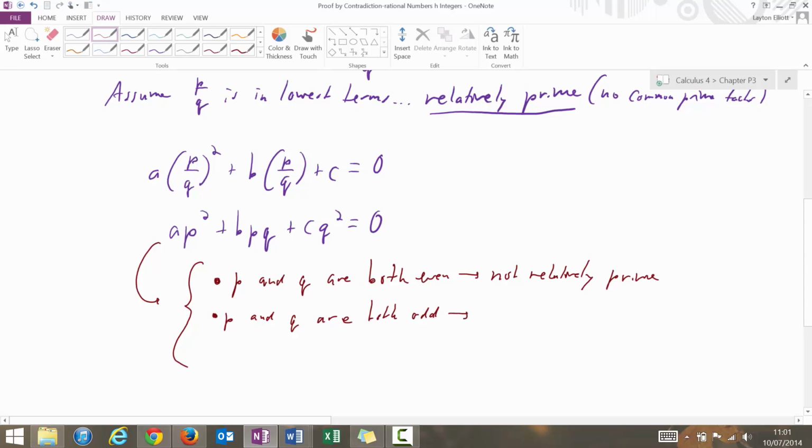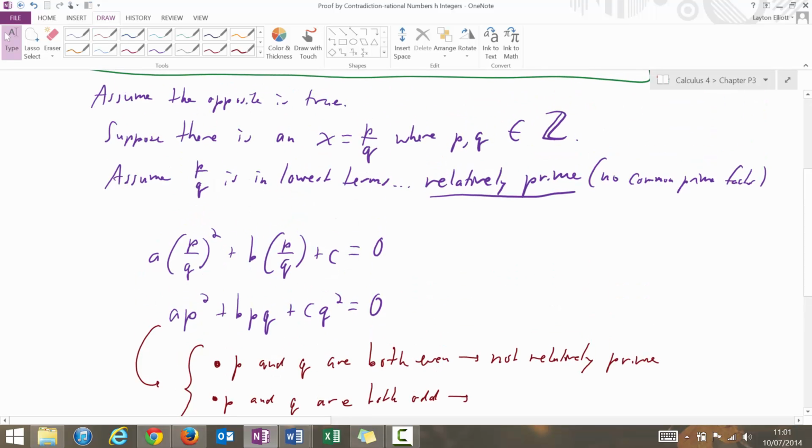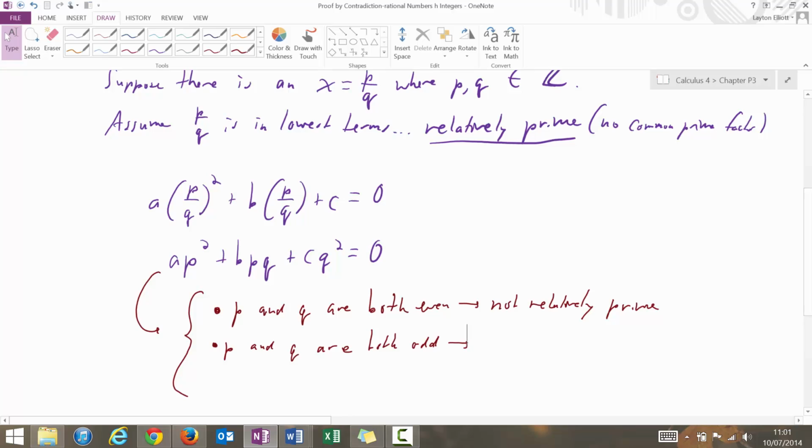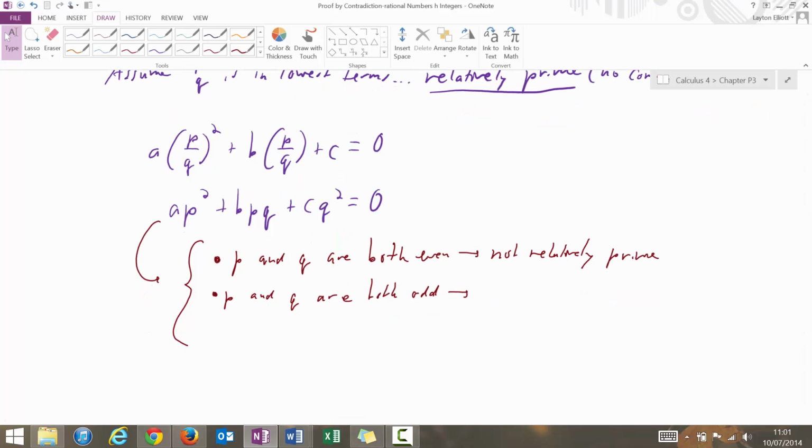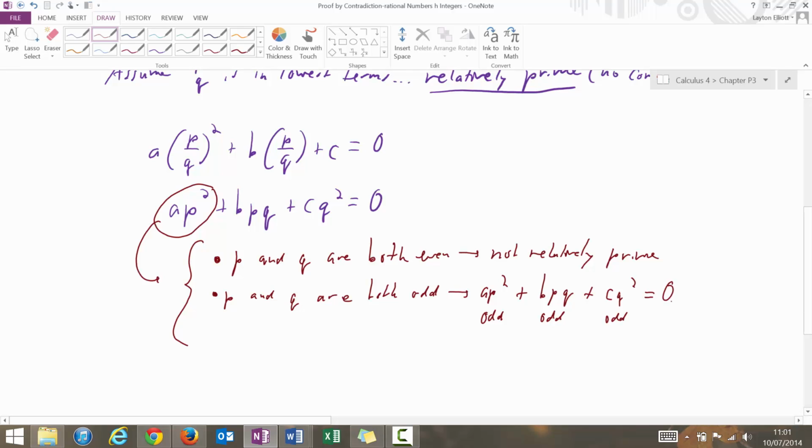Well, if p and q are both odd, then we have an odd squared times an odd. So this is where we're using the fact that the original coefficients are odd. ap squared is 3 odd numbers times each other, so I know ap squared is odd, plus bpq is an odd times an odd times an odd, and that's odd, plus cq squared, and that's an odd number, again 3 odds, and an odd plus an odd plus an odd equals 0.